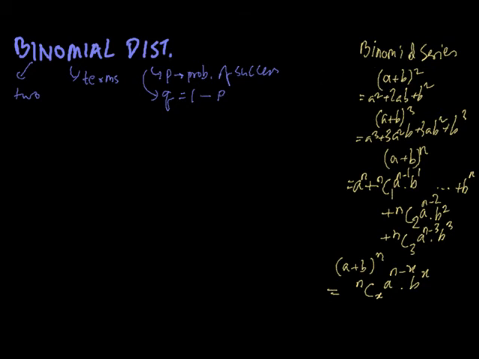Now while talking about the binomial distribution, we have to use this, because it is important to remember that every distribution is made up of a random variable. In the case of the binomial, it is a discrete random variable.